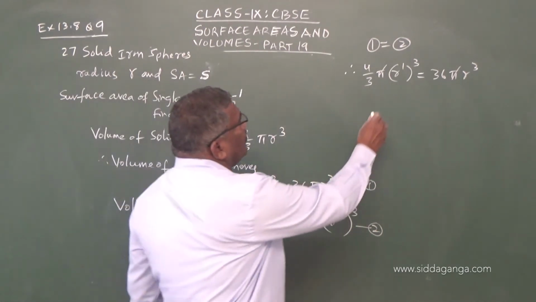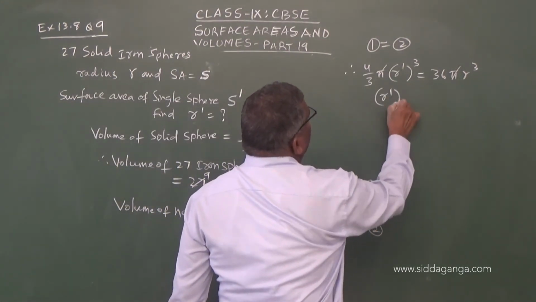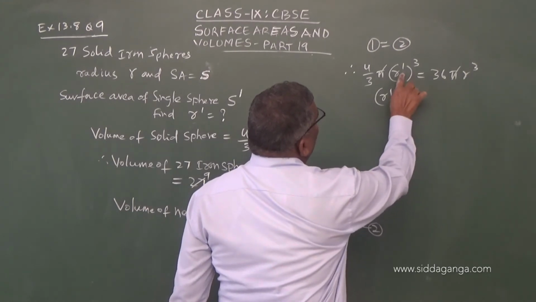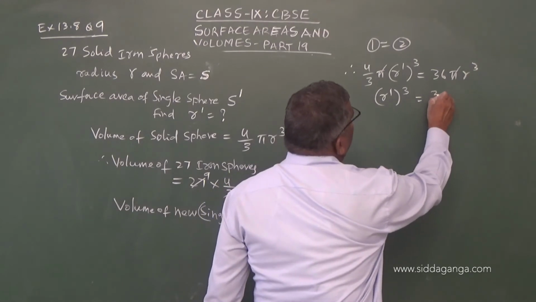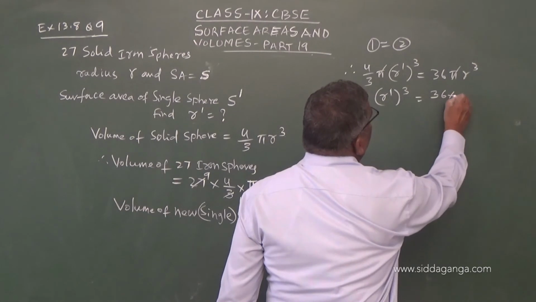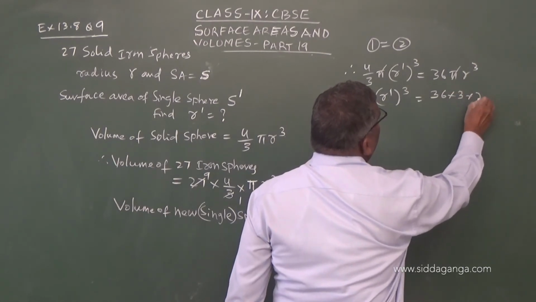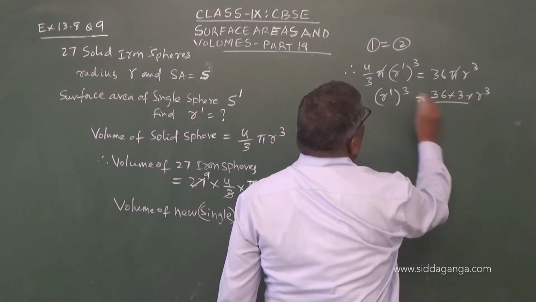Simplify this, you will get r dash cube will be equal to 36 into 3 into r cube by 4.